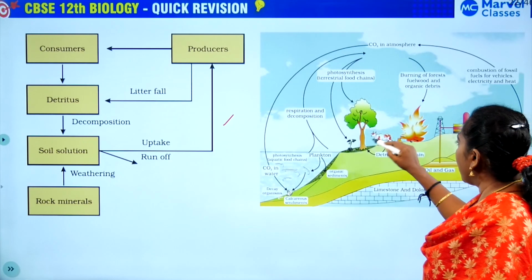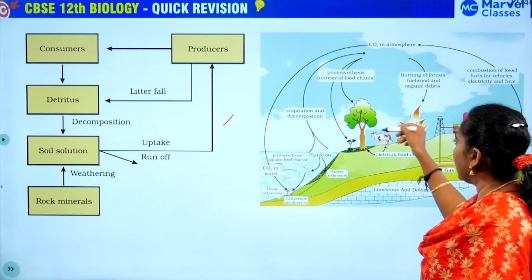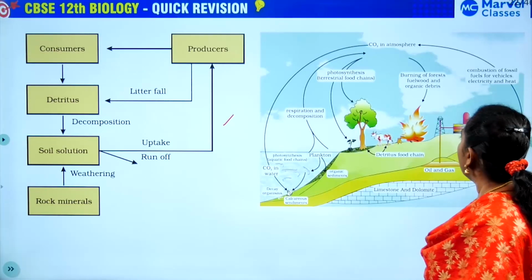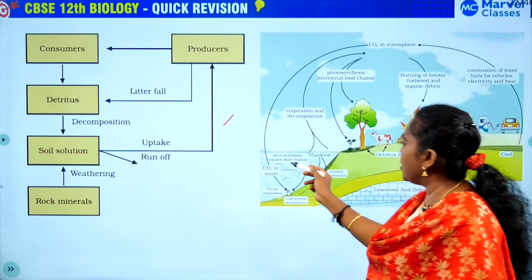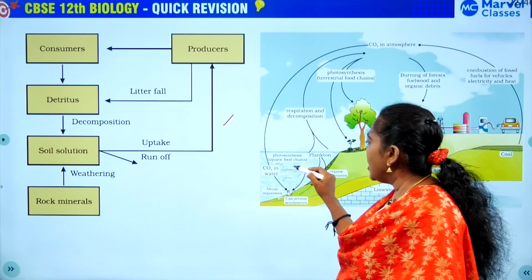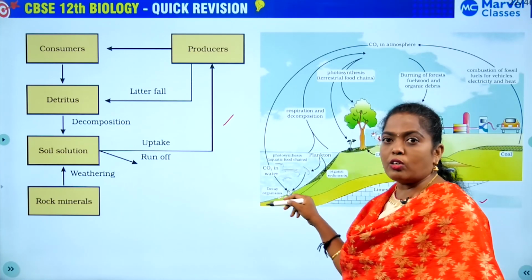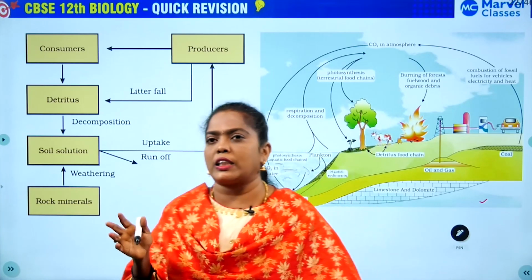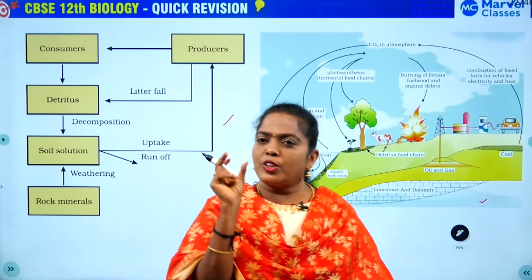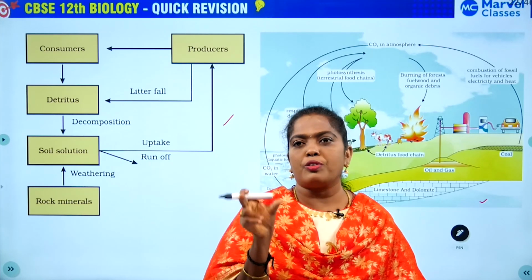Okay, so the animals are taking the oxygen and again releasing carbon dioxide, and even you can see the vehicles are also releasing, and here the carbon dioxide is in the dissolved form, isn't it? So like that you can say it in your own words, and if they are asking about the carbon cycle, just say what are the reservoirs of carbon.